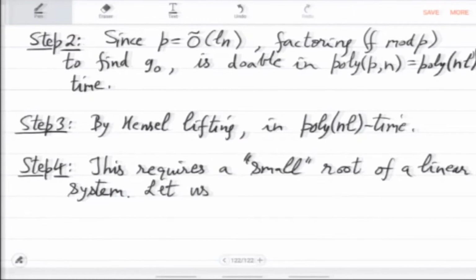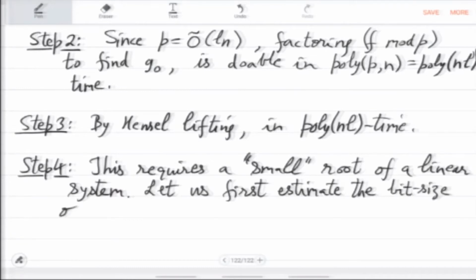It may not exist. So let us first see the existence proof, then we will move on to the constructivity. Let us first estimate the bit size of the factors of f.